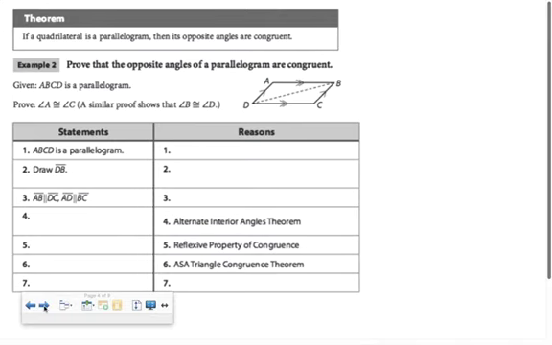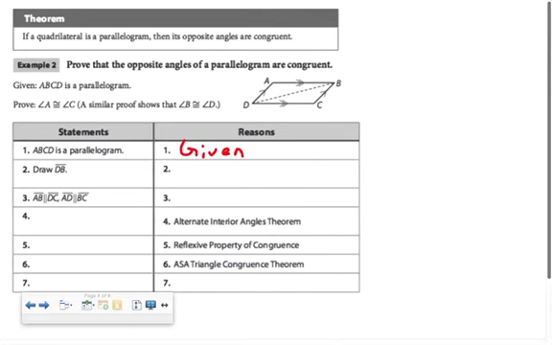The next conjecture that we made is also a theorem: the opposite angles of a parallelogram are congruent. And I hope that you would notice that these proofs start to look a whole lot alike. I'm given that ABCD is a parallelogram.